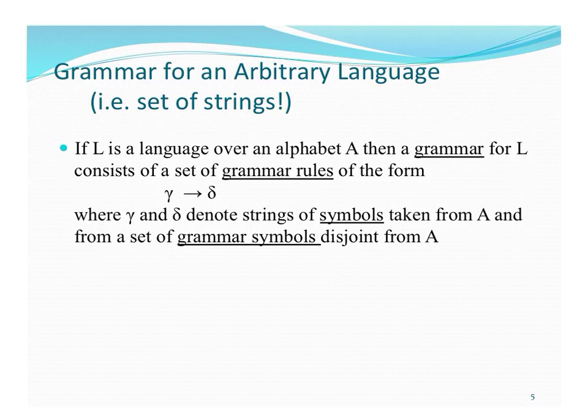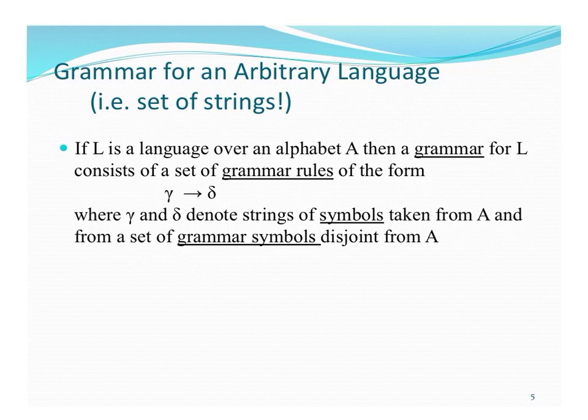So if we have L as a language over an alphabet A, then we can talk about a grammar for L, which is a bunch of grammar rules, right? And they all take this form. And the form is one thing, arrows, another thing, okay?